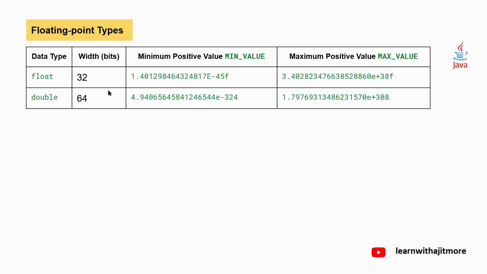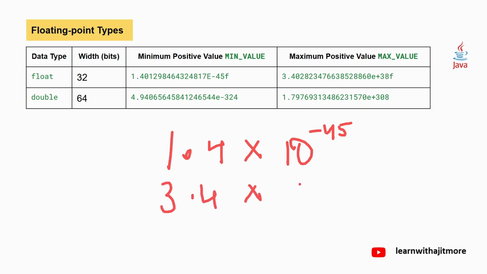So float is 32 bit, that is 4 bytes. Its range is 1.4 into 10 raised to minus 45 to 3.4 into 10 raised to 38. E means 10 raised to, I have written it in scientific form. Actually, it is plus or minus.